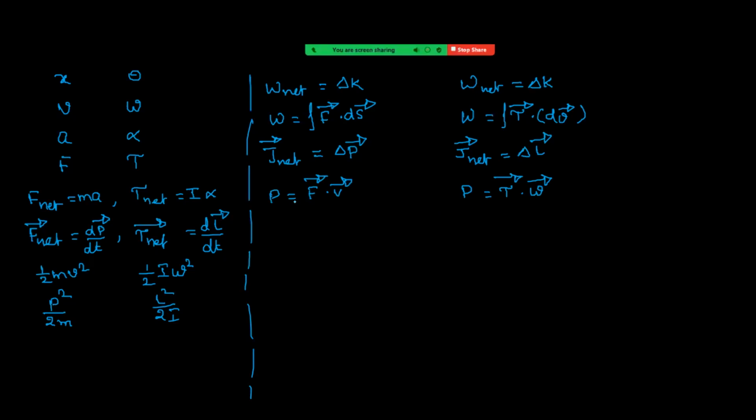So like this we can compare kinematics 1D, or I can say linear quantities, with angular quantities: power, impulse, work done, net work done meaning work energy theorem, kinetic energy, net force, torque, acceleration, alpha, velocity, omega, x, and theta.